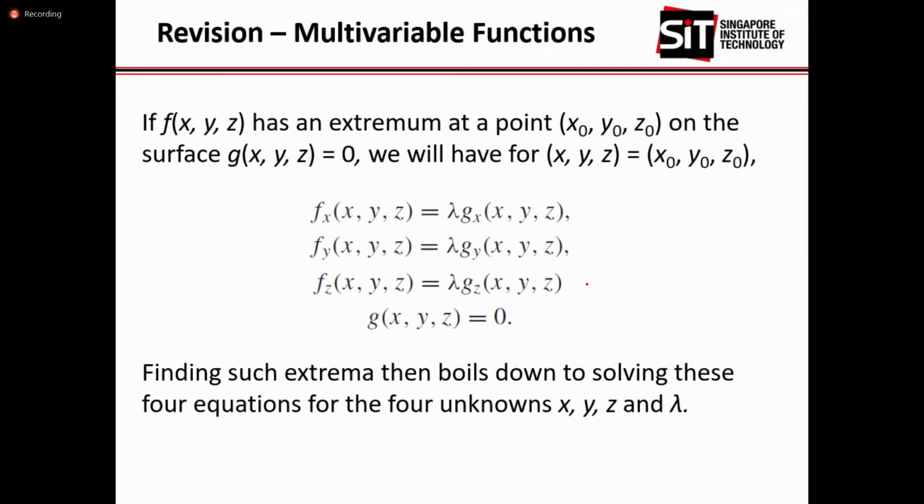Notice that this method only produces candidates for the extrema. So once you have found the solution to these simultaneous equations, so you have a set of x, y, z, and lambda, you need to determine and verify that the solution that you have found does in fact represent the desired optimal point.